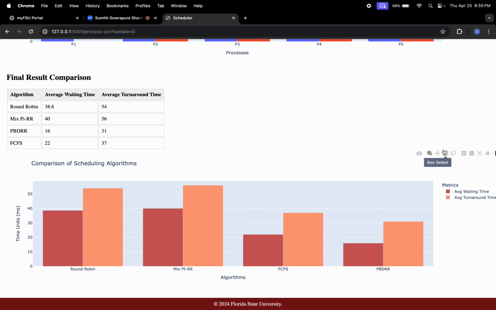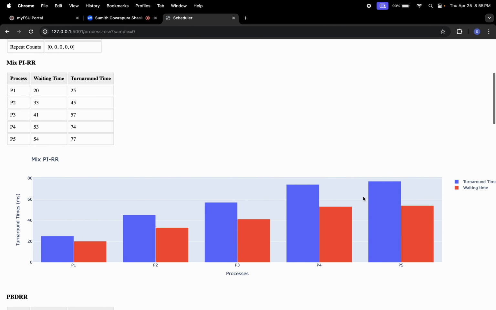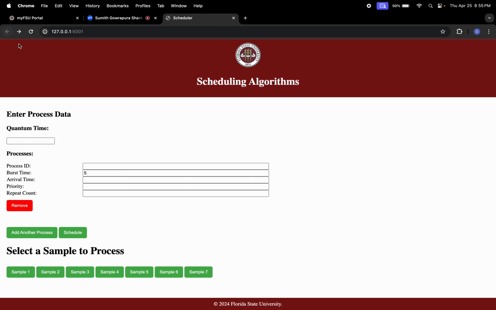The best algorithm is PBDRR, which has a very low average waiting time and average turnaround time. So we can route back to our home page, and this is for sample one.